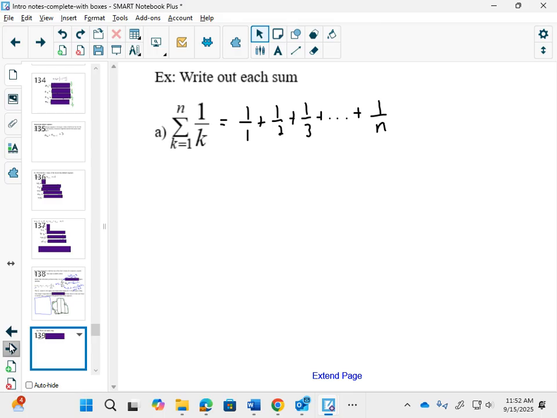We often go up to n to create a formula, like you could add up to any number you want. And the summation notation, or the sigma notation, is often shorter to write out than all of the terms. And you don't need a dot, dot, dot.